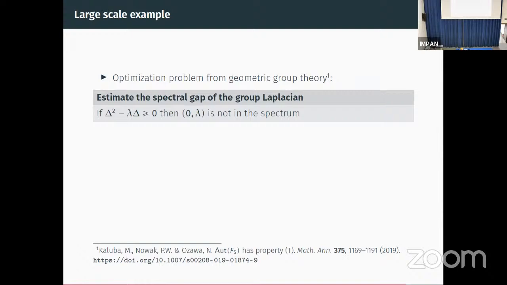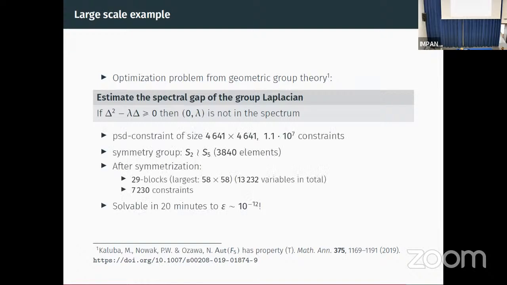Okay, so we had this problem, and this problem was translated to a semi-definite optimization problem with PSD constraint of size 4,000 something, which is not numerically feasible. It's not even a question about time. It's not a question about the size of memory or the number of cores we have.